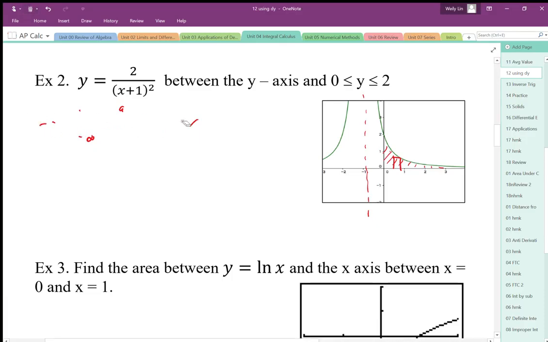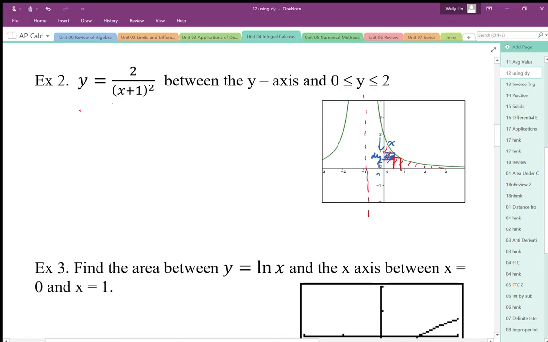Okay, so I'm going to get rid of that. And I'm going to use this rectangle here, this dy rectangle going sideways. So there's going to be a length of x, and our width is going to be dy like that. Okay, so to do this, we need to solve this for x.